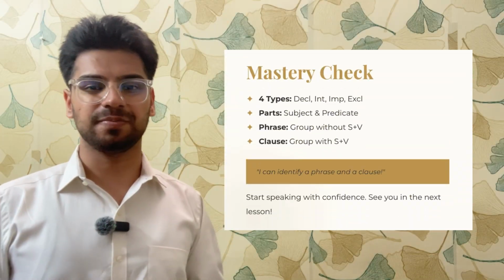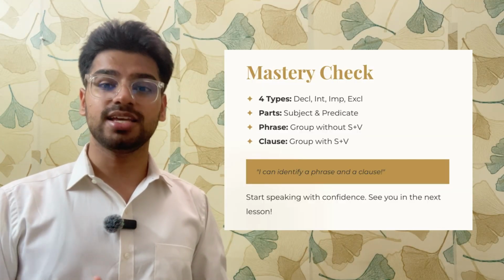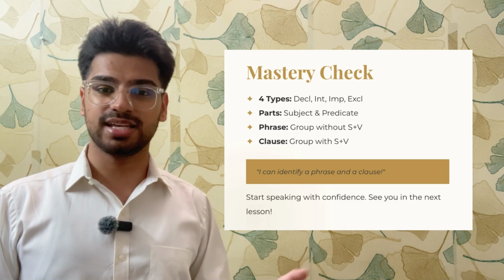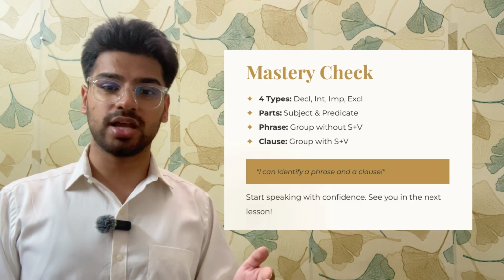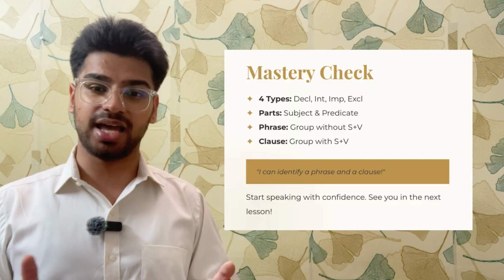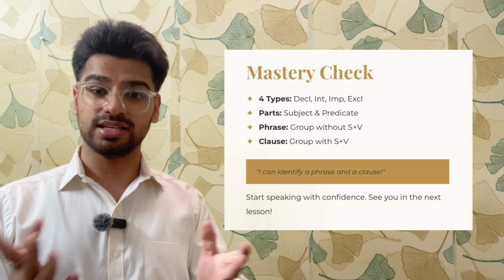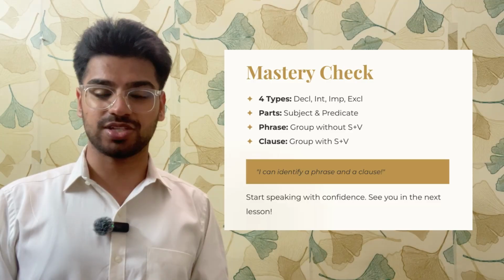Final summary. Today you learned sentence: a complete thought. 4 types of sentences: declarative equals statement, interrogative equals question, imperative equals command, exclamatory equals strong emotion. Subject: who or what the sentence is about.